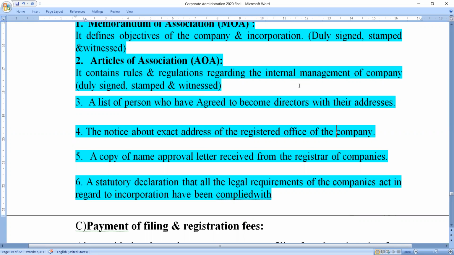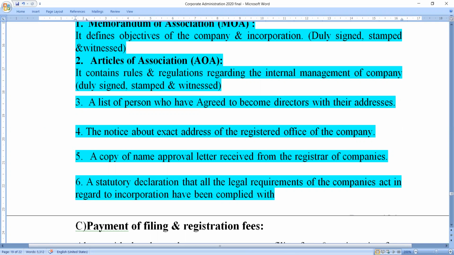After that, the sixth one here, a statutory declaration. Statutory is nothing but legal declaration. What they are declaring is that all the legal requirements of the Companies Act regarding incorporation have been complied with. Complied is nothing but we are adopting. So it is a statutory declaration, a legal declaration given by the company.